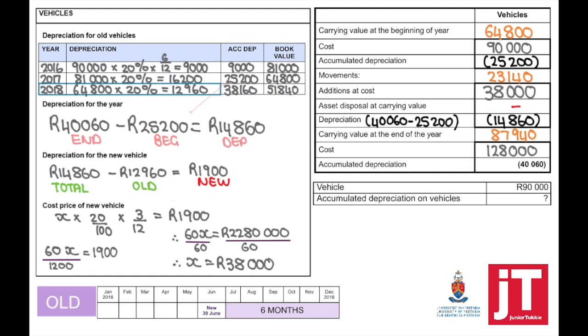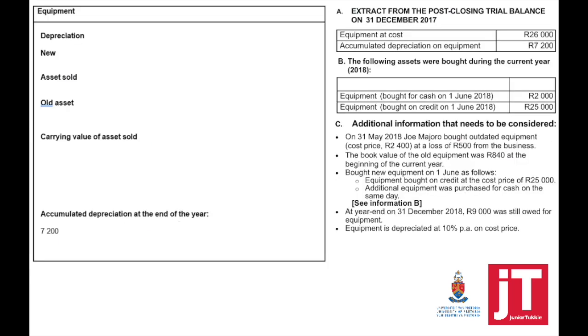Once we've calculated the accumulated depreciation in the beginning, we were given the accumulated depreciation at the end. It means we could find the total depreciation for this accounting period. The total depreciation minus the depreciation on the old, so we needed to start with that part first. That equaled the depreciation on the new, and once we've got that, we could calculate the cost on the new asset. Next, we're going to look at equipment.